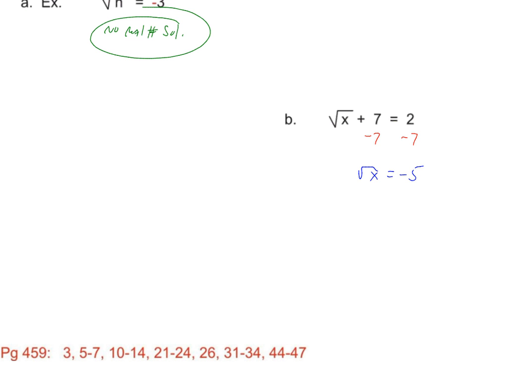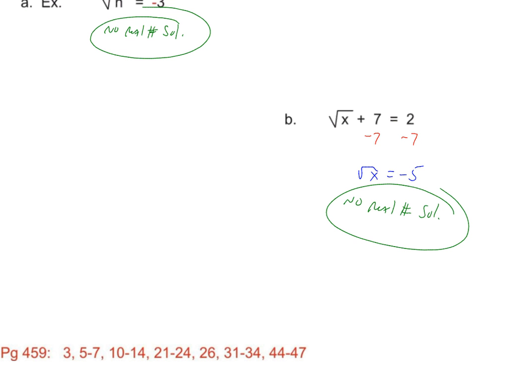Because now the radical is isolated, the other side is negative, and I say, no real number solution. Once I get to that point where the radical is isolated, I don't care how complicated the radicand is. The radical is isolated and the other side's negative. I stop at that point. Don't do any more. Don't waste any more time. Just write no real number solution.